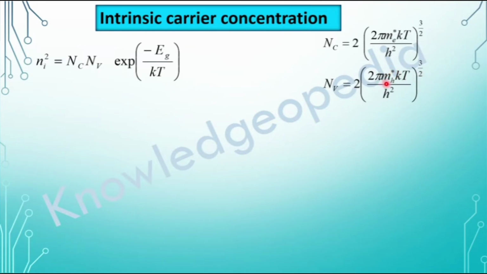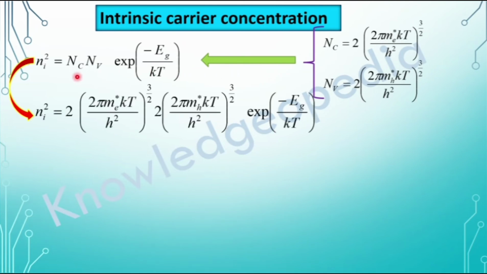Here mh star is the effective mass of hole, k is again Boltzmann constant, T is absolute temperature and h is Planck's constant. Now we will substitute these two into this equation. So substituting this back, Ni square is equal to this value of Nc, this for Nv, and exponential minus Eg by kT remains as it is.